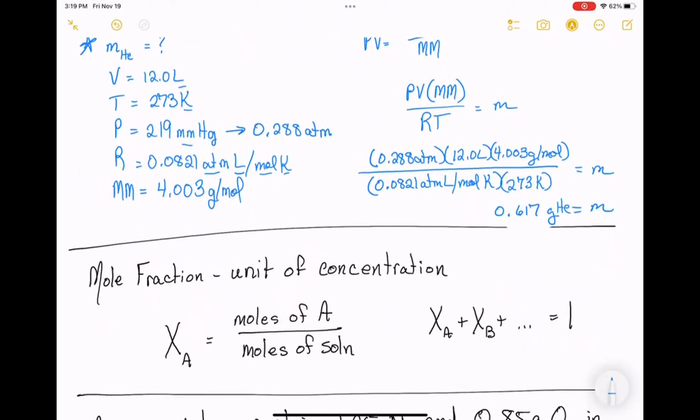Mole fraction is a unit of concentration, and you're going to need to know this unit of concentration as soon as you get into college chemistry too, nearly. I think it comes up in maybe the second chapter.